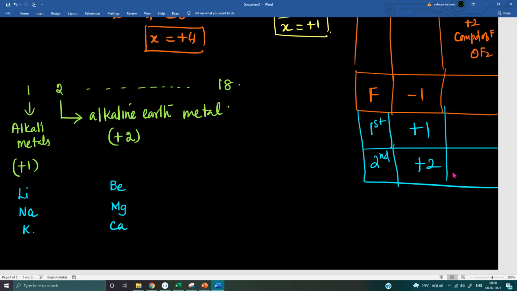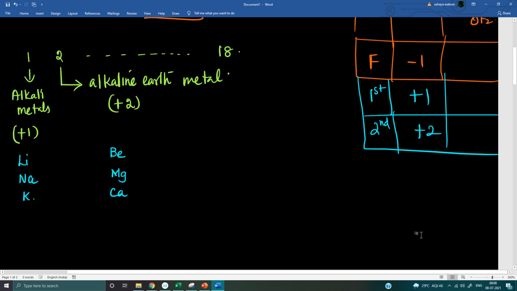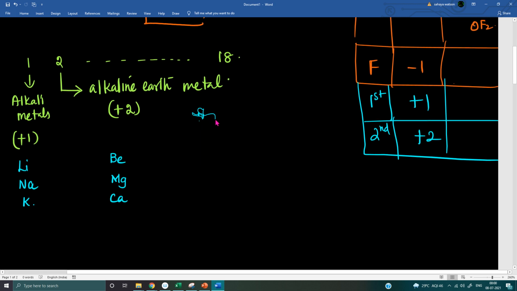So now let's see some examples which have alkali and alkaline earth metals. For example, KMnO4. Here potassium is an alkali metal, and for Mn we don't know, only for Mn we are going to find out. So this is +1, and oxygen is in a normal compound, so it is -2.